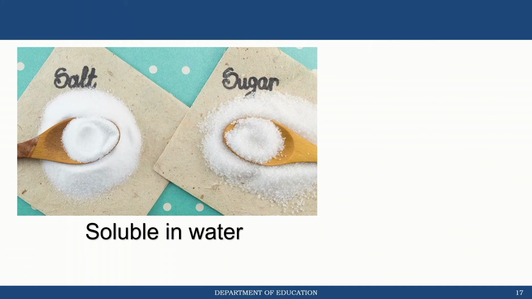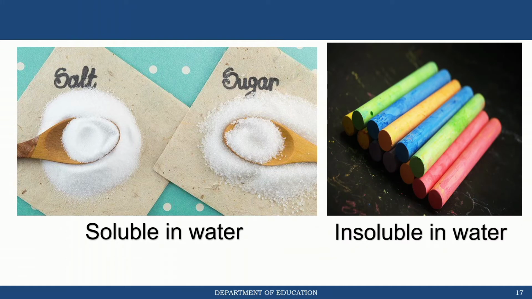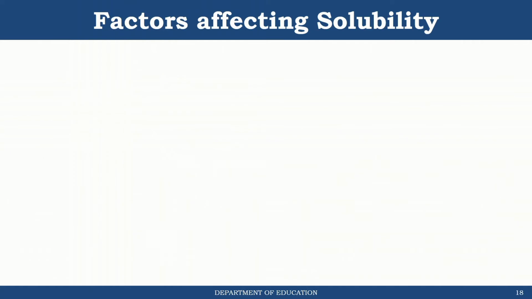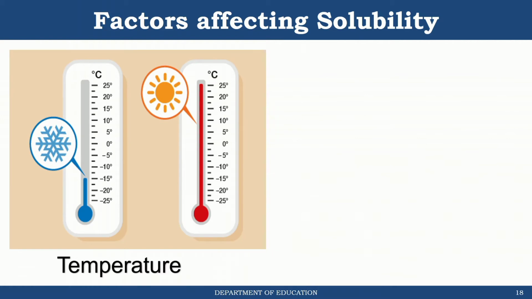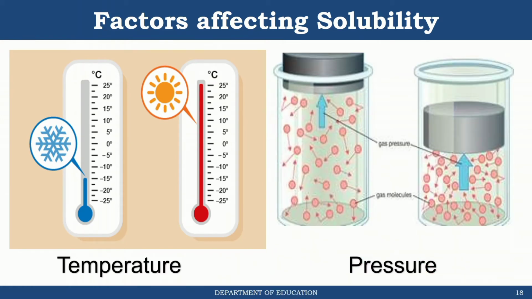For example, salt and sugar are considered very soluble in water at high temperatures, but slightly or moderately soluble at lower temperatures. Chalk or calcium carbonate is insoluble in water. What are the factors affecting the solubility? First is the temperature. Another one is pressure.